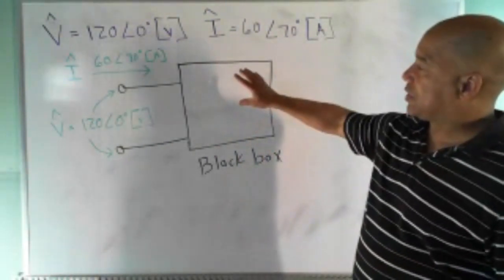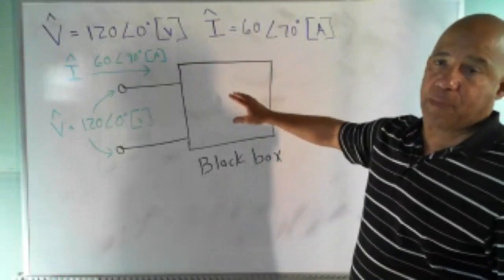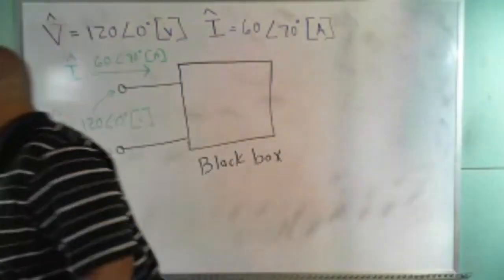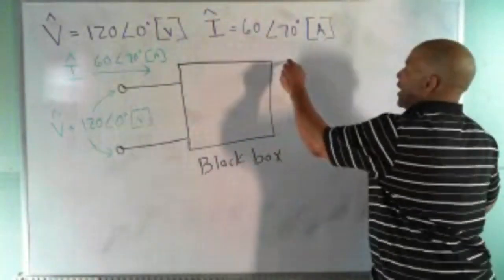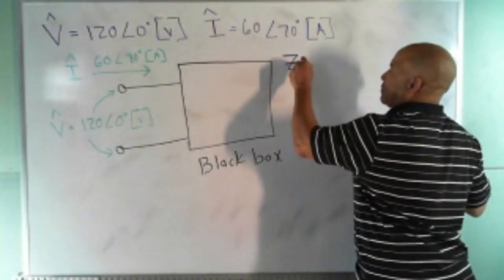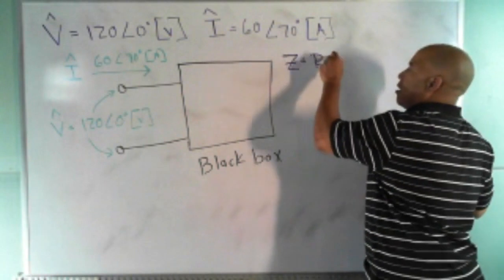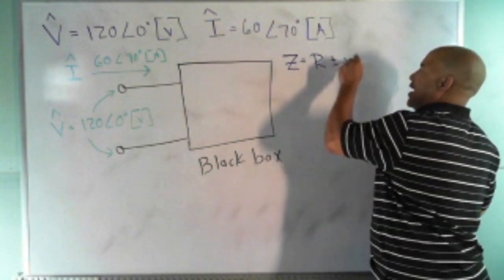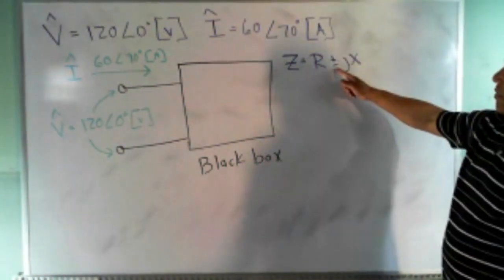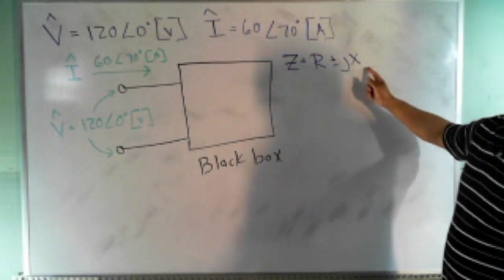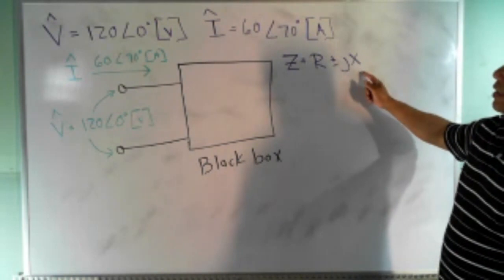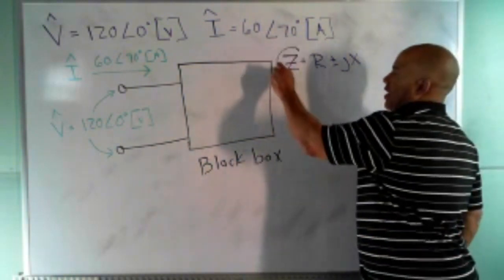You actually want to show this in rectangular form because rectangular form, if you think about it, tells you what you have. It was a series circuit. So if I express Z like this, I get R plus or minus jX. And then depending on if that j is positive or negative, I knew I would have an inductor or a capacitor in the circuit. So the first thing to do is to get this value right here, Z.